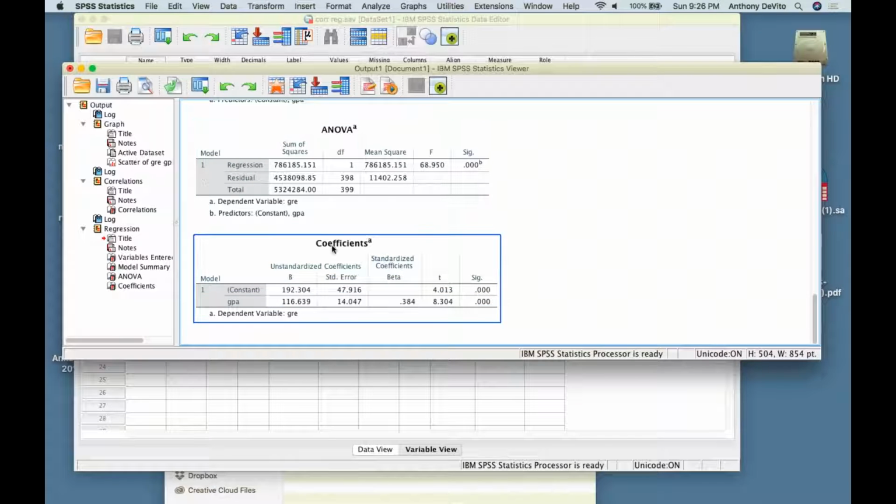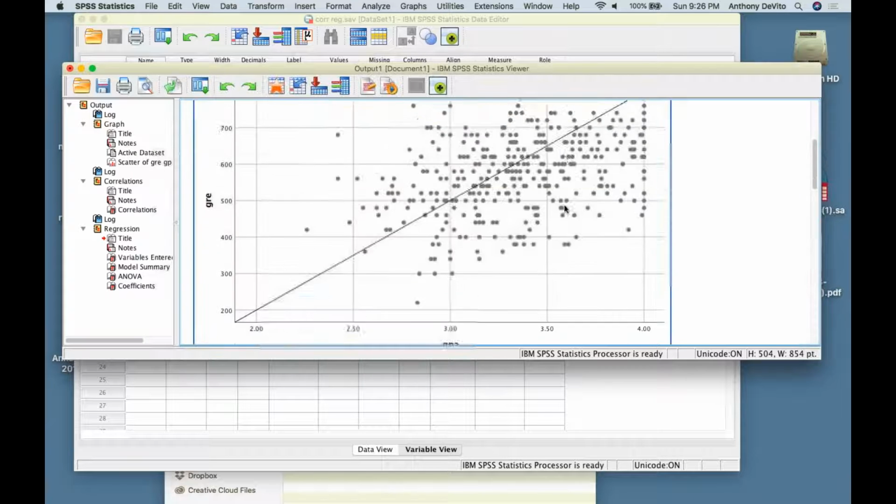Okay, so the other table that we get from analysis of variance is a coefficients table. And you'll notice here it says that the coefficients are a constant and then some unstandardized coefficient for GPA, for grade point average. Remember, this is the predictor variable. Now, the grade point average has a coefficient of almost 117, and the constant coefficient is 192. These represent values for the formula of the straight line that we see here.